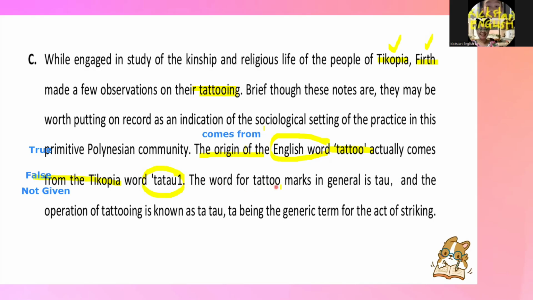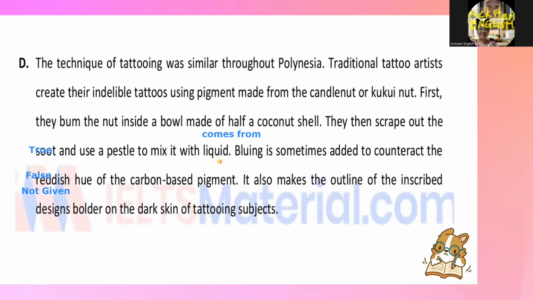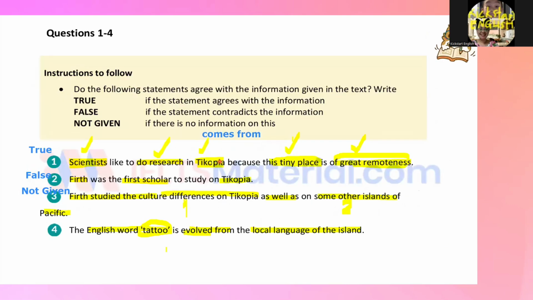The word for the tattoo marks in general is tau, and the operation of tattooing is known as tatau, ta being the generic term for the act of striking. Wow. So we found one keyword, which is the English word, and we also have the word origin, which is comes from.